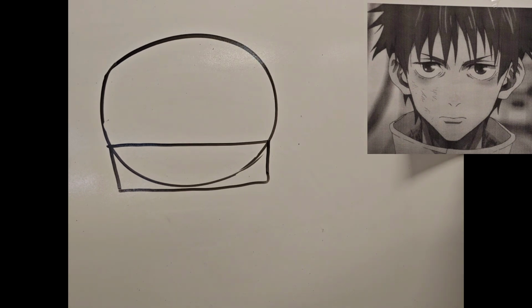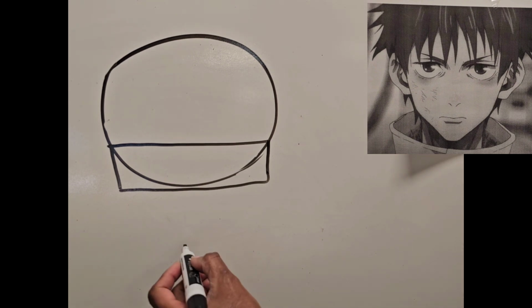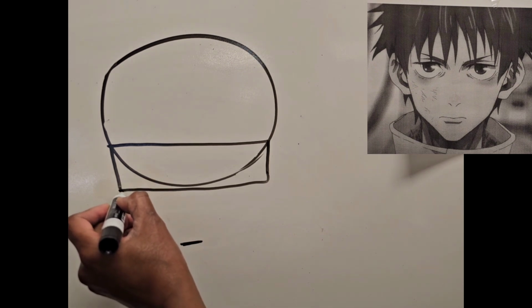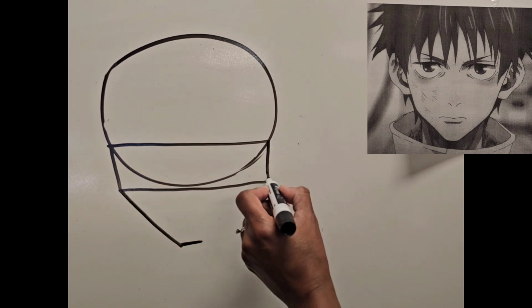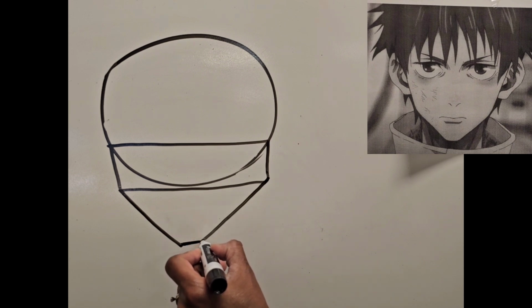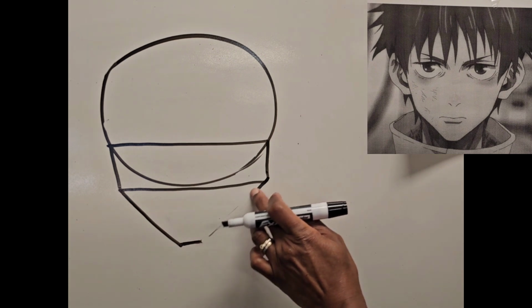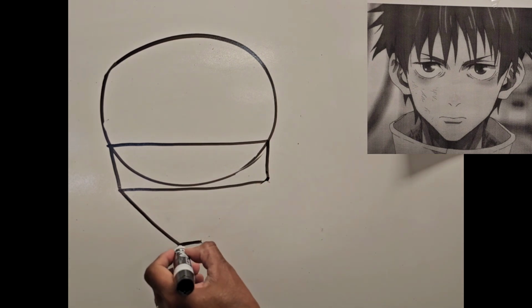And then at the bottom, where his chin is, it's sort of like an upside down triangle, but then we have this straight line here. So I'm going to put my straight line right there, and then I'm going to just join that line down to this straight line here. Let me look and see, I'm a little off, so I'm going to erase this a bit.